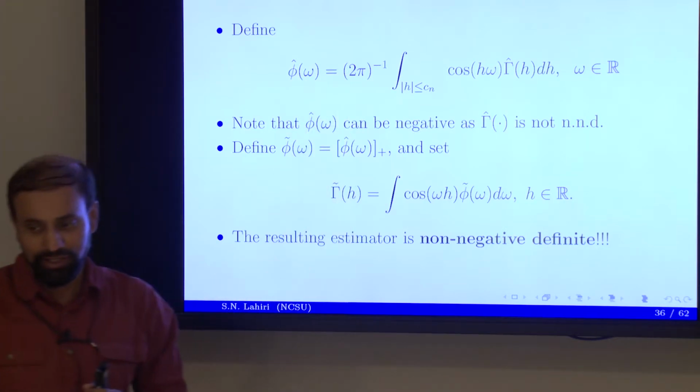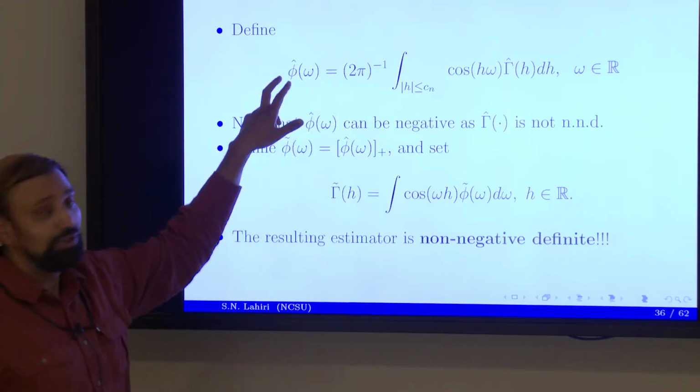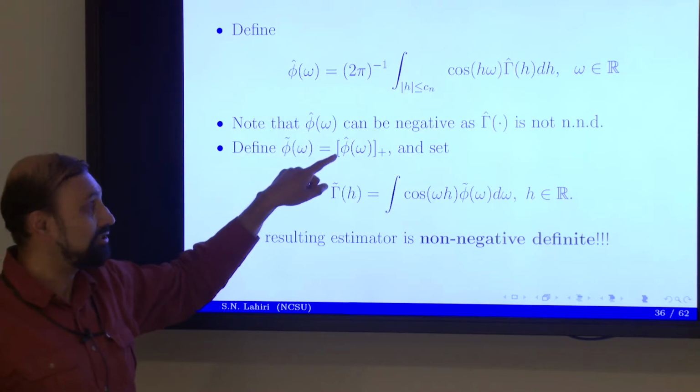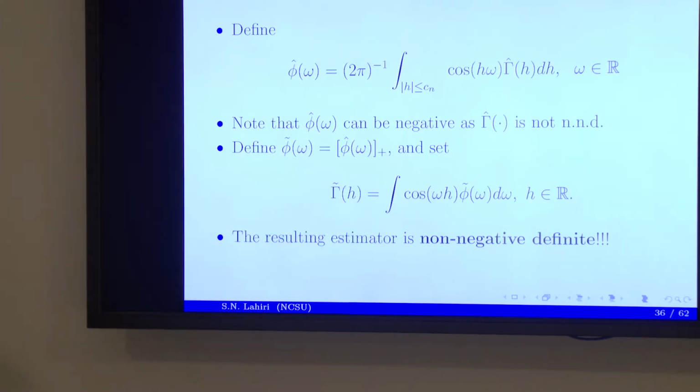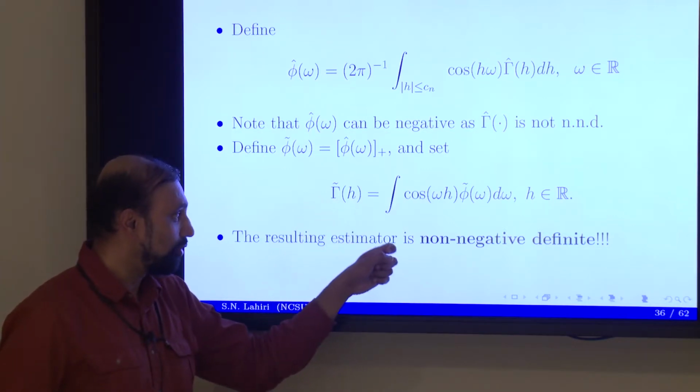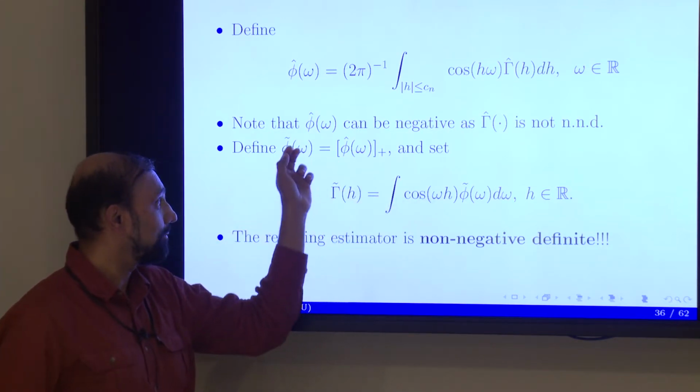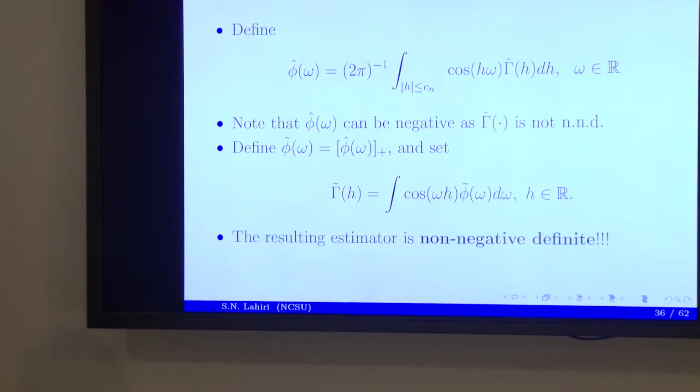You start in the time domain, go to the frequency domain, do this thresholding, get back to the time domain. Okay? So I'm moving things around. But this estimator becomes non-negative because of the fact that this is already non-negative.